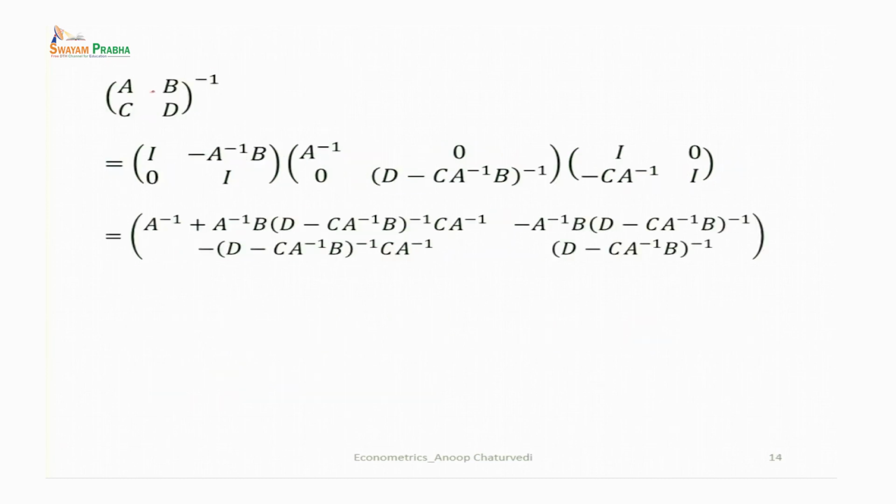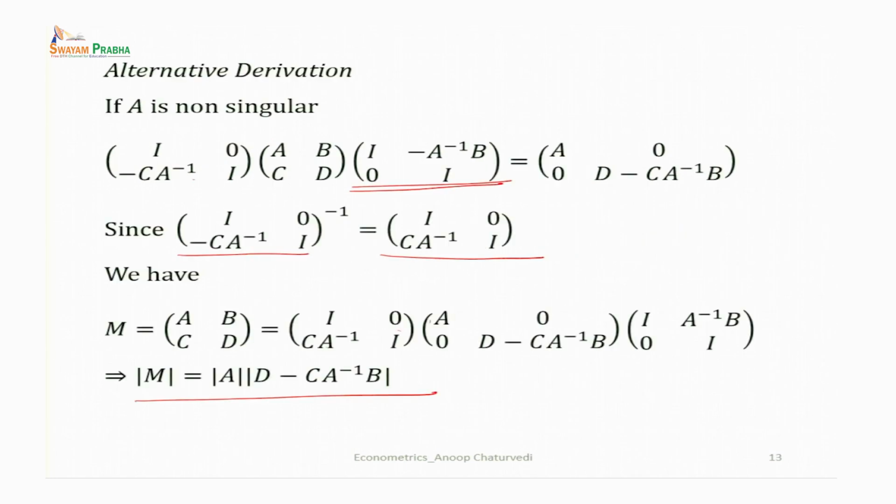Further, to obtain the inverse of A, B, C, D, you simply multiply these three matrices and take the inverse of this whole matrix, which equals the product of the inverses of these three matrices.